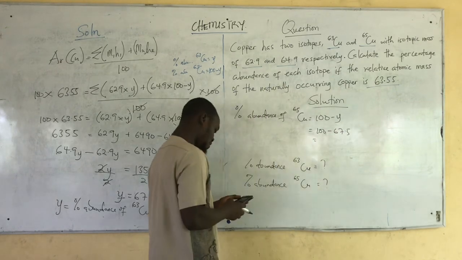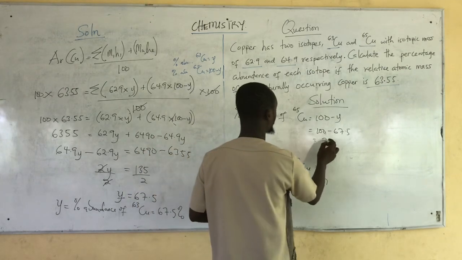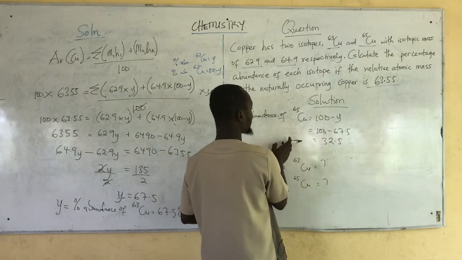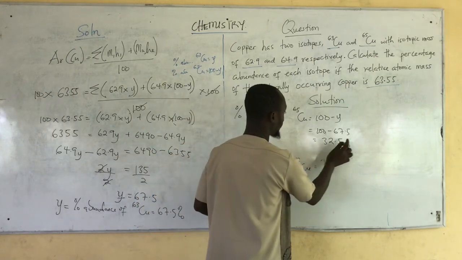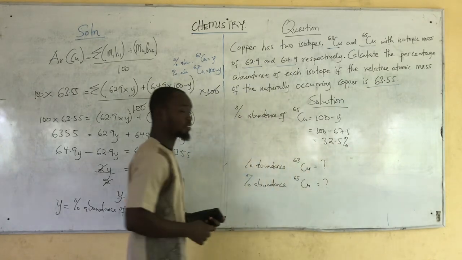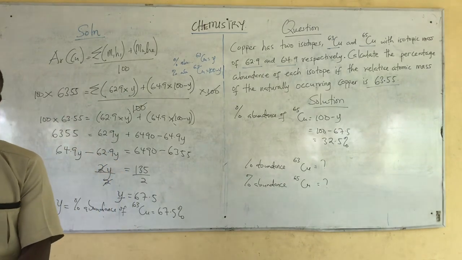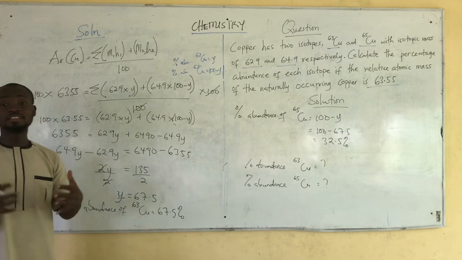So 100 minus 67.5 will give us what value? And that is 32.5. Is that okay? So the percentage abundance of copper 65 becomes 32.5%. So that is the answer for the abundances of each of these isotopes in terms of percentage.